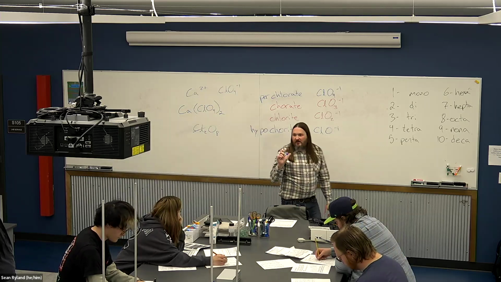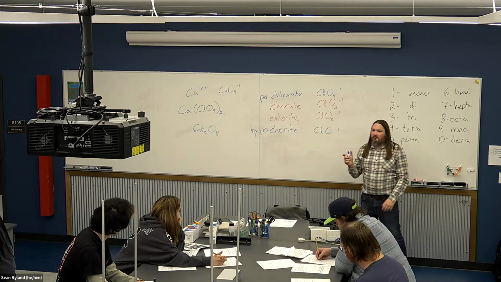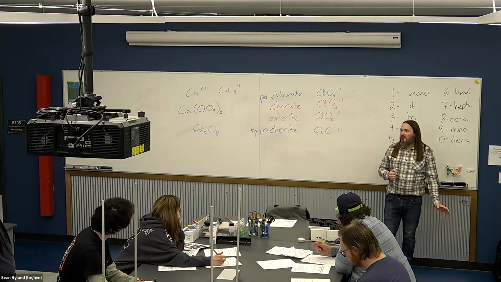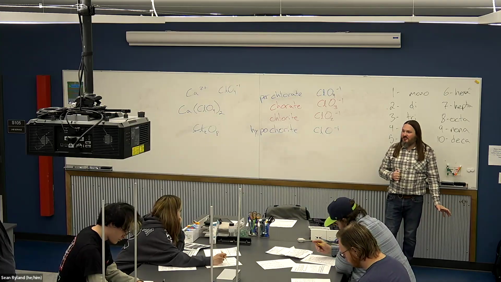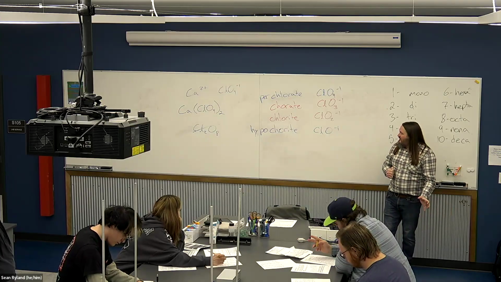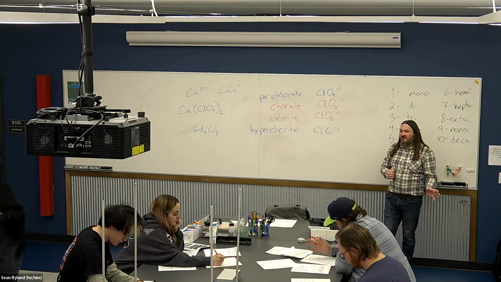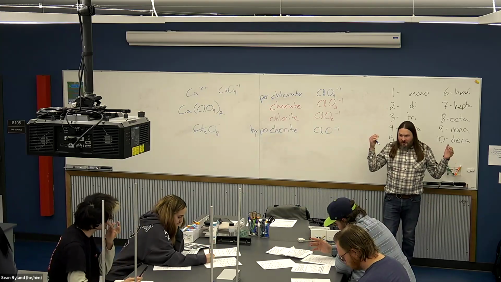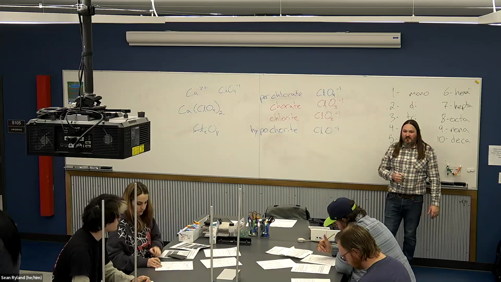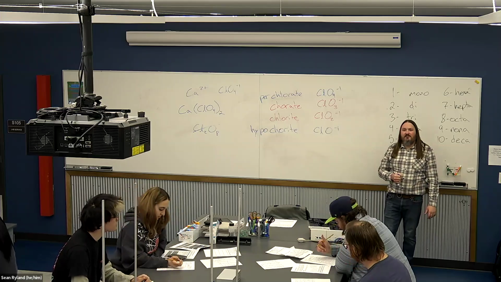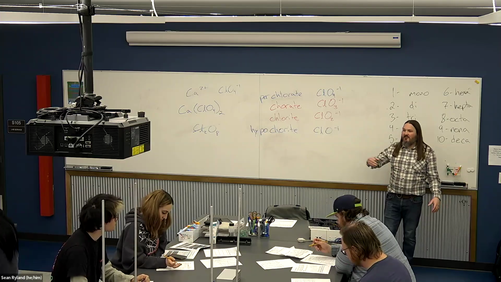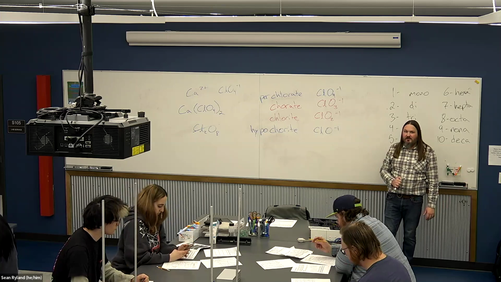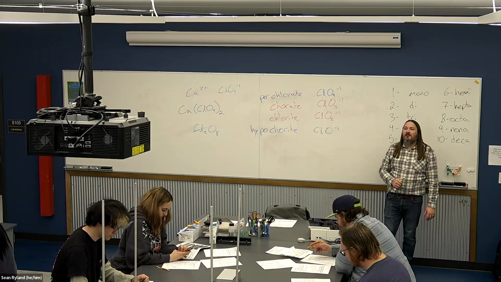So little new wrinkle to ionic naming. And we did just learn ionic nomenclature today, so I know I'm throwing a lot of new material at you. Nomenclature for this class is definitely one of those things that we want to take our medicine all at once, get it done and get it down pat so we don't have to keep coming back and adding to it later. We're going to get it all done this week, keep practicing it.